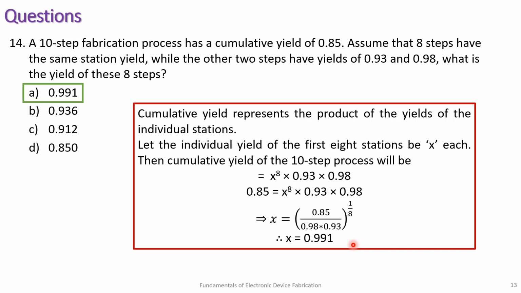Ma'am, here it's actually asking for the single station yield. Yeah, there are 8 stations. Such a question can come, but then the sentence would be framed in a different way.